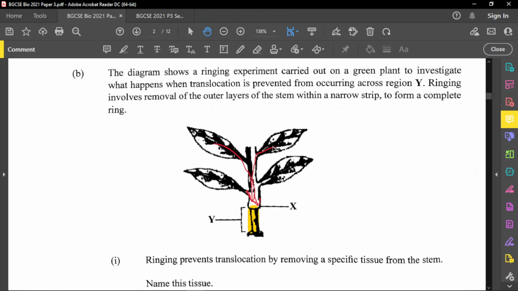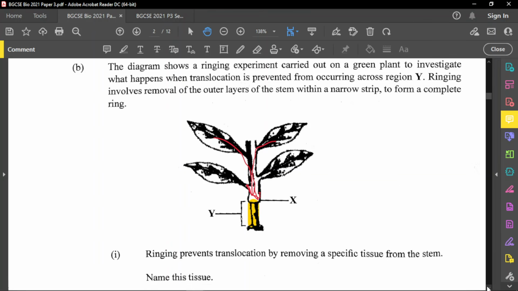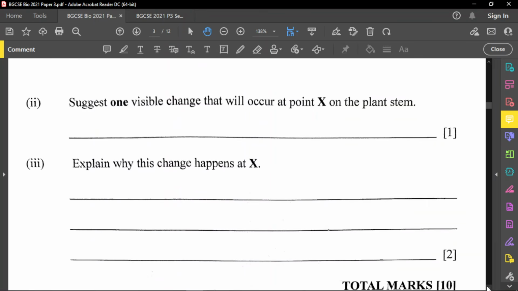So here the plant food is made in the leaves, and it will come to this point. But the plant food will not be able to pass X to go down to the rest of the plant, okay? So what do you think will happen as a result, if the plant food is just stuck right there? Let's think about it.